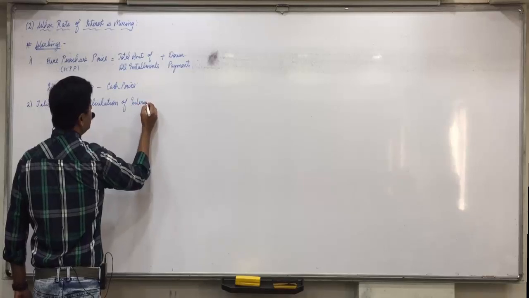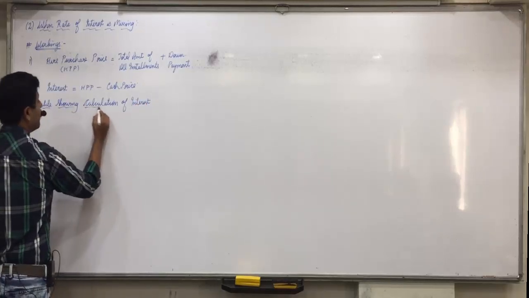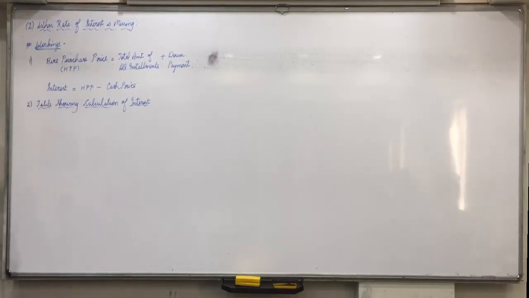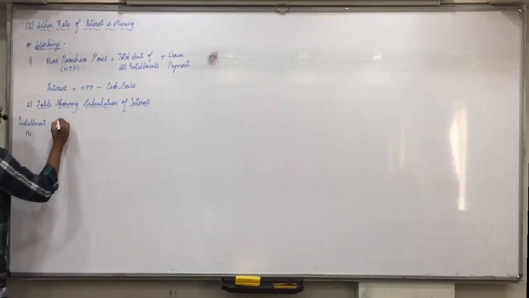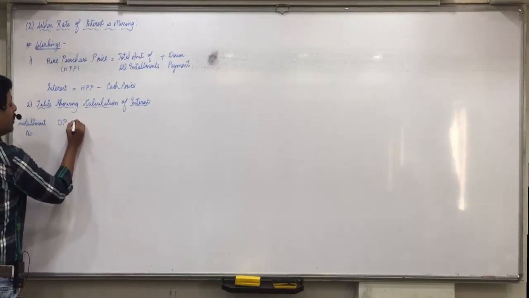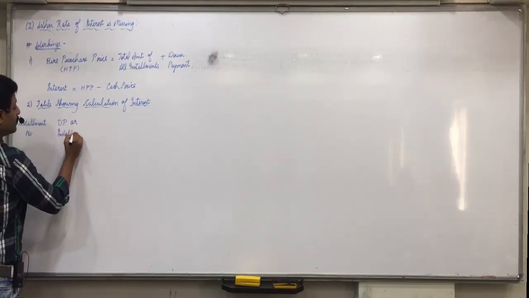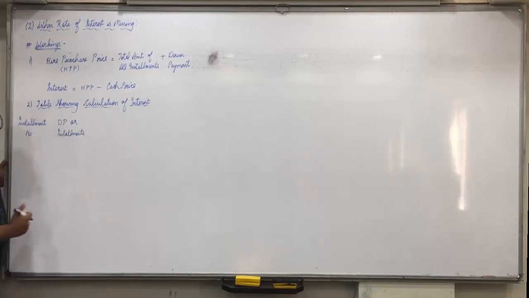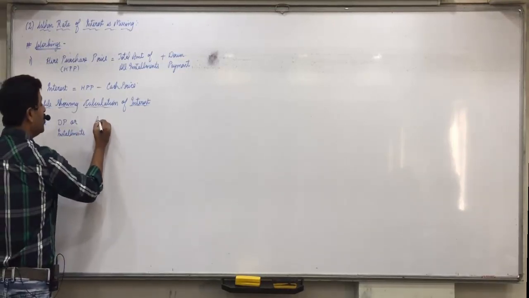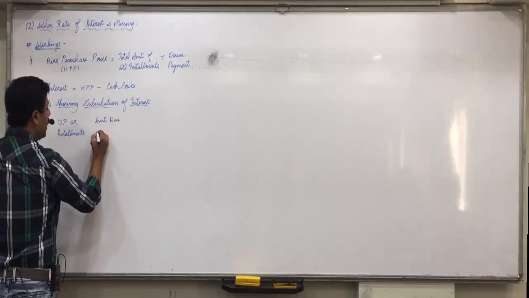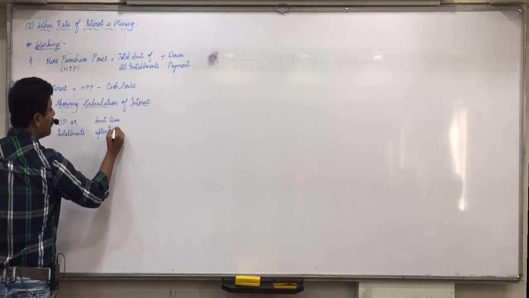In that table, the columns will be installment number. We will start from the first installment. Suppose there are 4 installments: installment number 1, 2, 3 and 4. Then the second column will include down payment and installment amounts. In the beginning it will be down payment, and after that we will include the amount of installments. Then we'll have a column of amount due after installment.